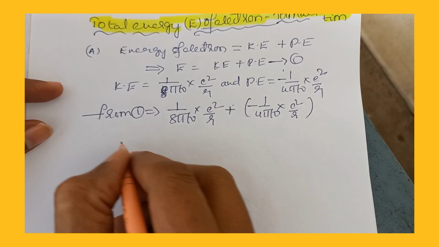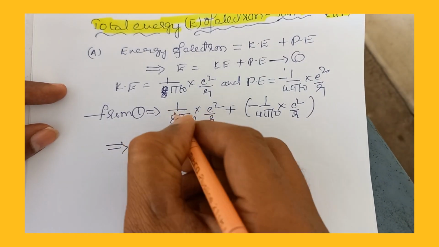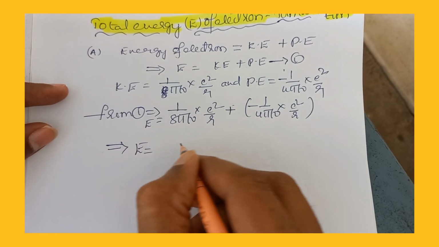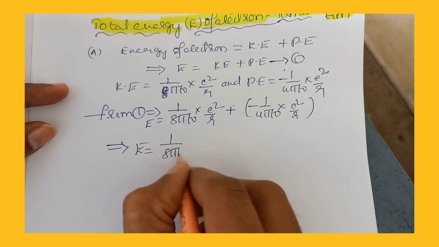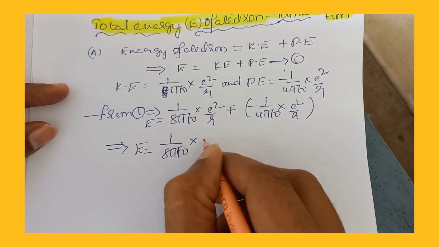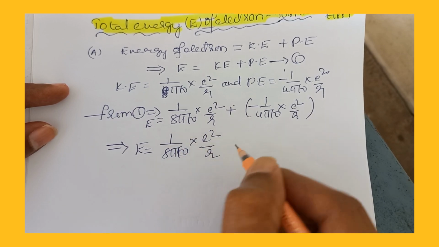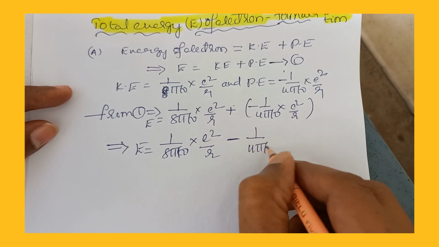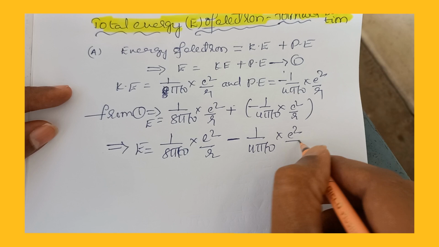So this implies total energy that is denoted by E is equal to 1 by 8 pi epsilon naught into e square by r minus 1 by 4 pi epsilon naught into e square by r.